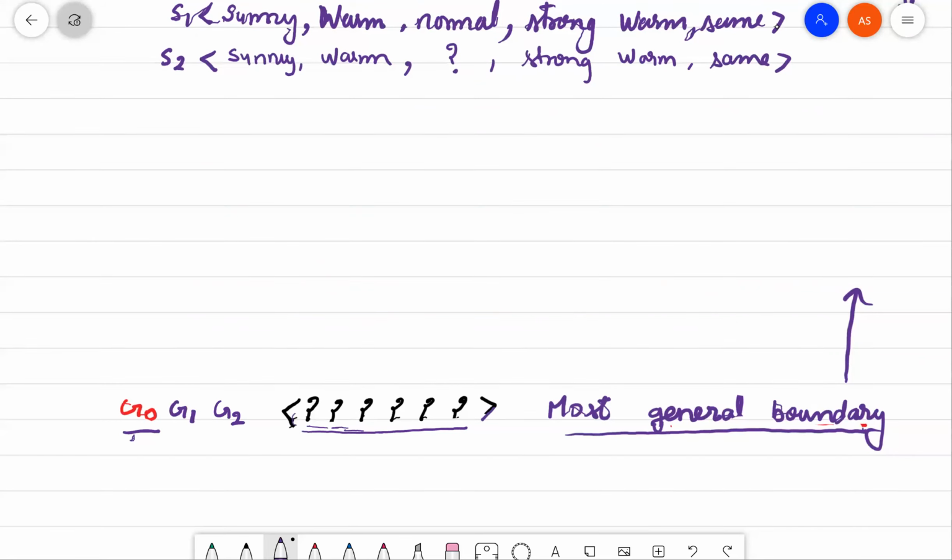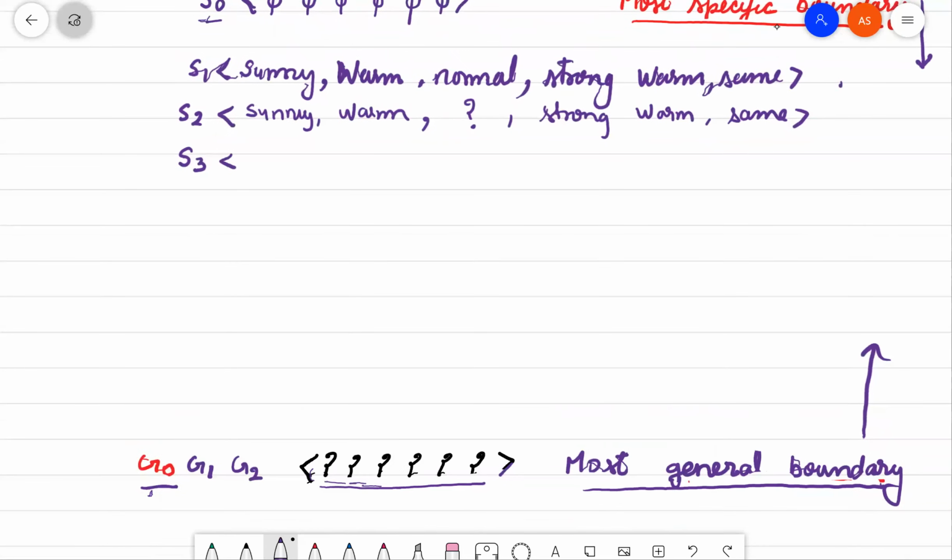As long as positive examples come, there is no effect on the most general boundary. Whenever a negative example is encountered, there are some steps we follow for the most general boundary. As we can see, S3 is a negative example. So in the most specific boundary there is no effect.